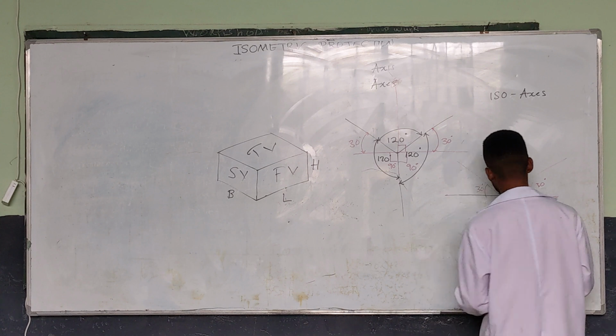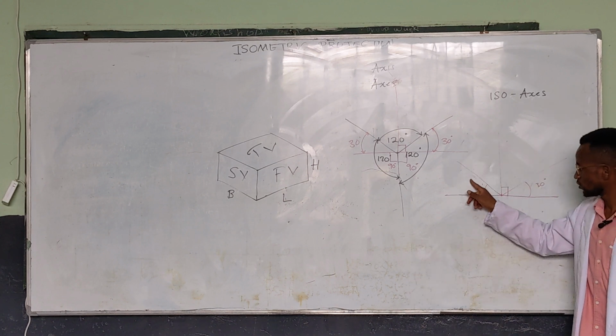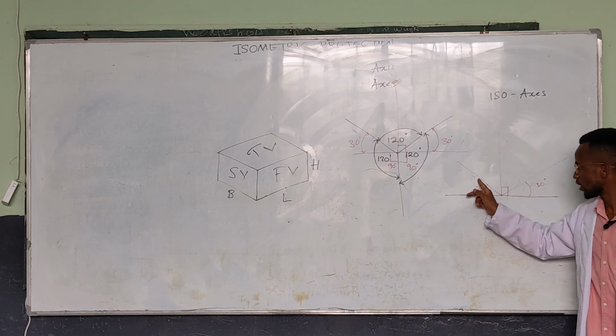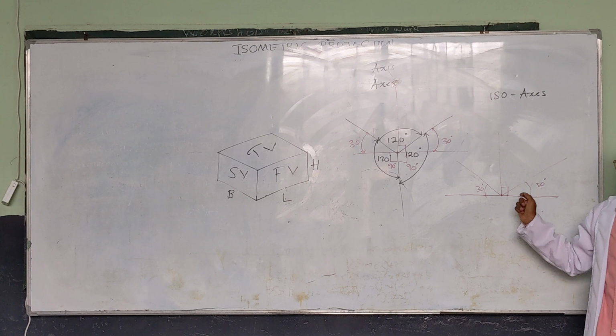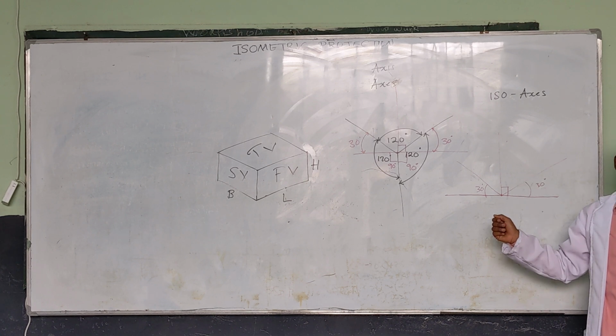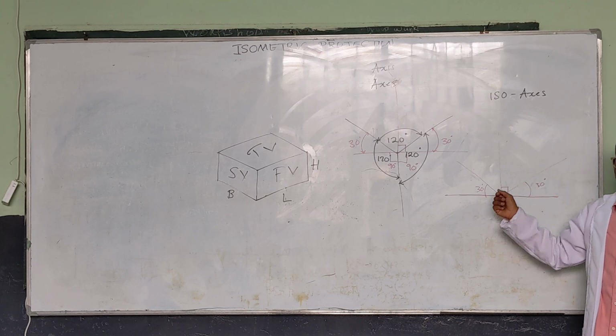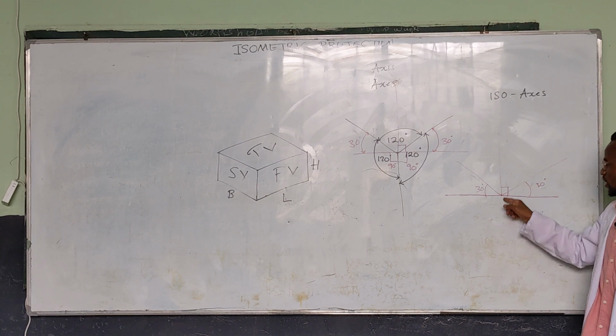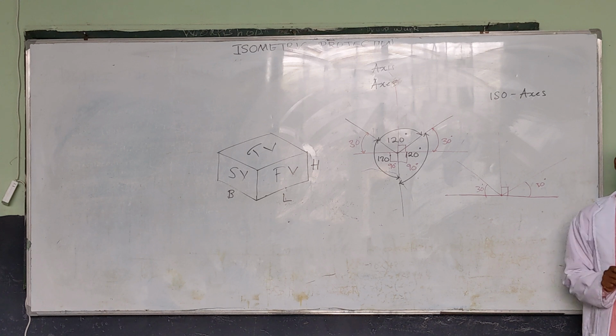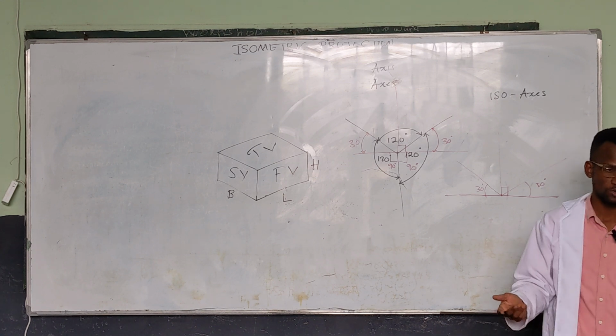And these axes, 1, 2, the horizontal axes. One will represent either the length or the width. This is why you'll be measuring the length or the width of the object that you want to draw. Then the vertical axis will represent the height, or what we call the depth.